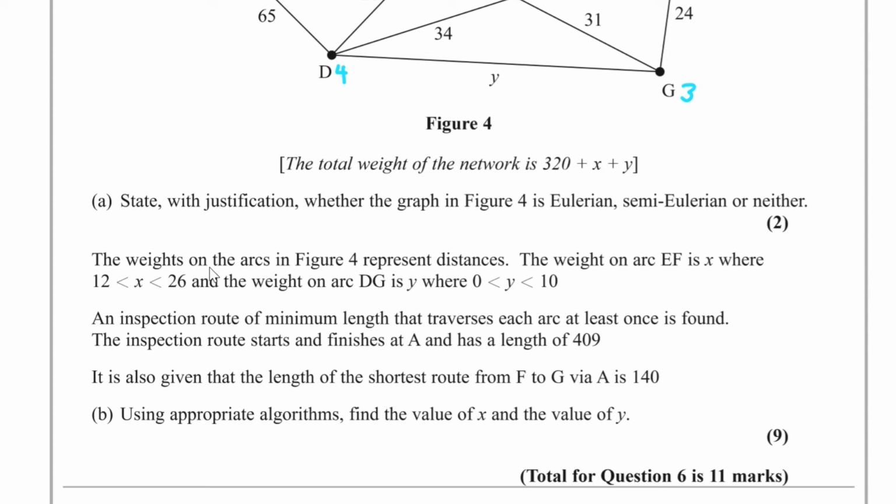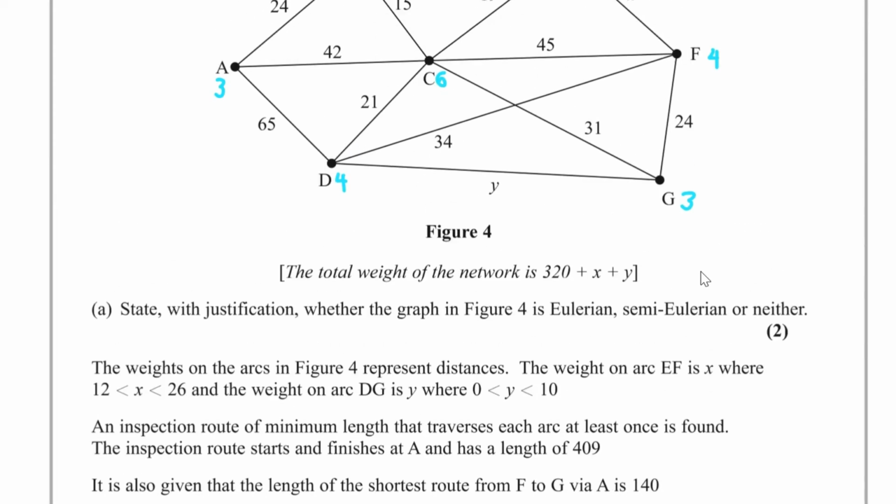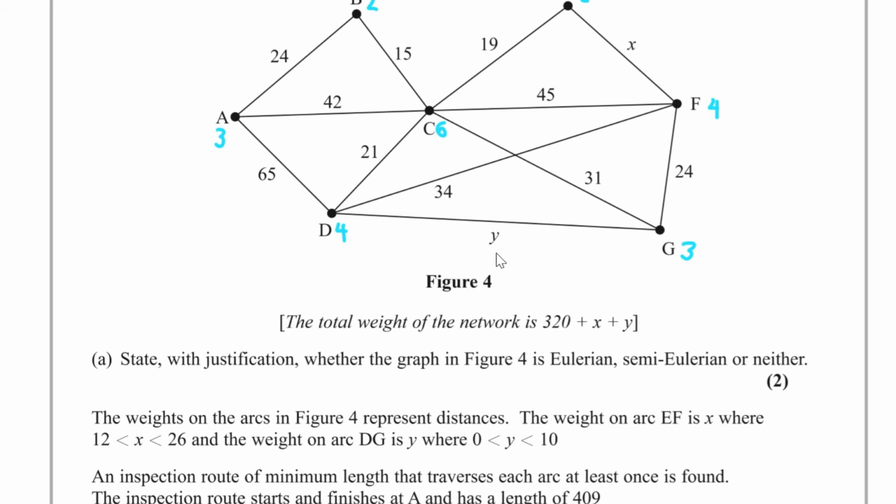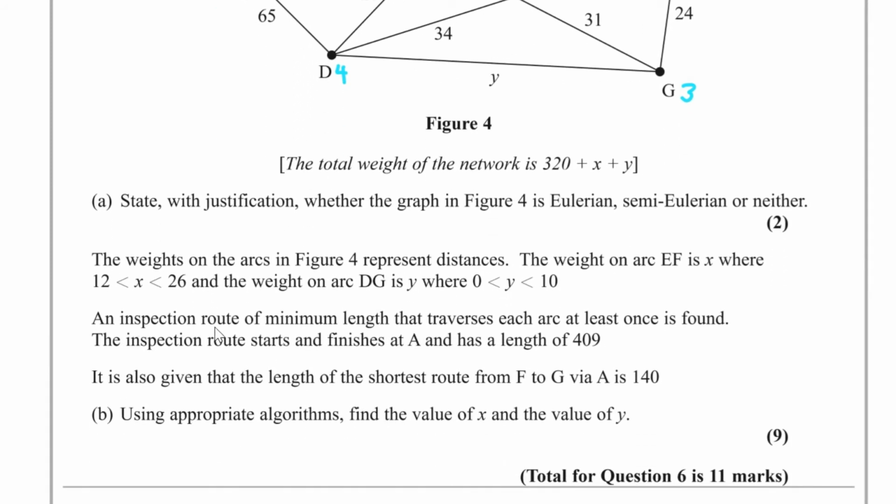For part B, the weights on the arcs in figure 4 represent distances. The weight on arc EF is x, where x is in between 12 and 26, and the weight on arc DG is y, where y is in between 0 and 10. An inspection route of minimum length that traverses each arc at least once is found.